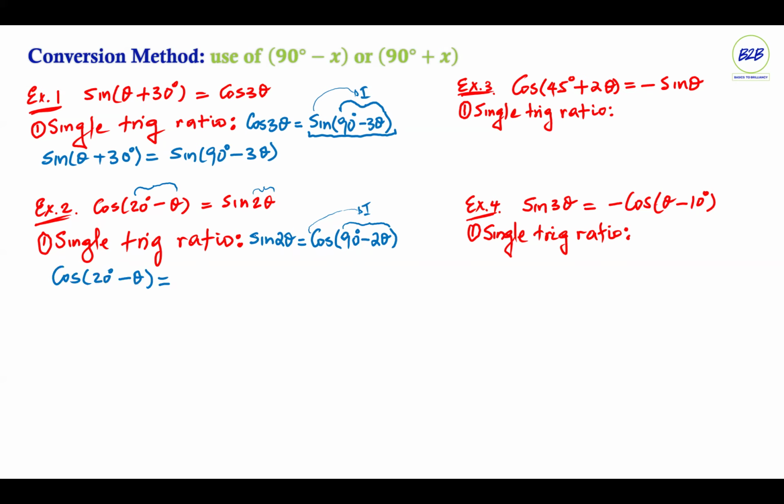Therefore, we are going to replace that sine 2 theta by cos 90 degrees minus 2 theta. And voila, our trigonometric equation now is in terms of a single trigonometric ratio.